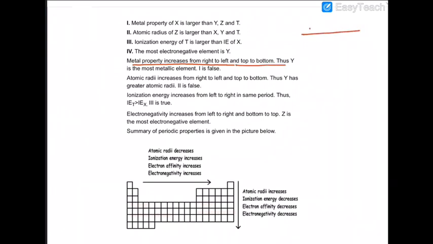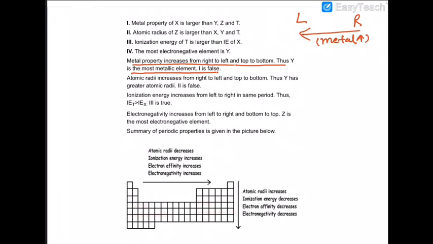If you go right to left, metallic property increases, and left to right non-metallic. So the statement that Y is the most metallic element is false. So these things you have to memorize in your mind.